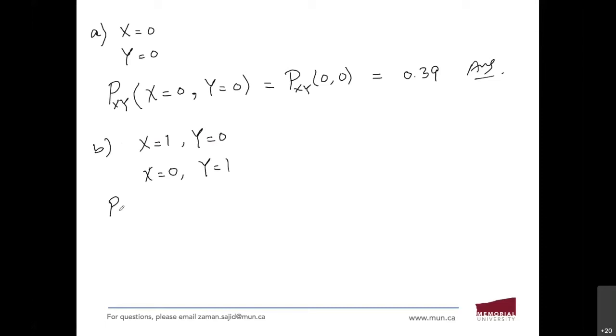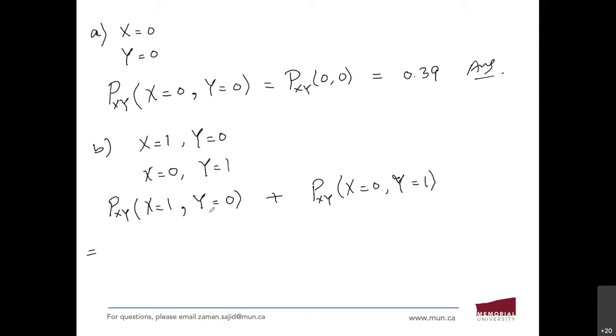The first is the probability of x and y when x is equal to 1 and y is equal to 0. The second is P of x, y when x is equal to 0 and y is equal to 1. Once I have these two probabilities, I just add them to find my answer.